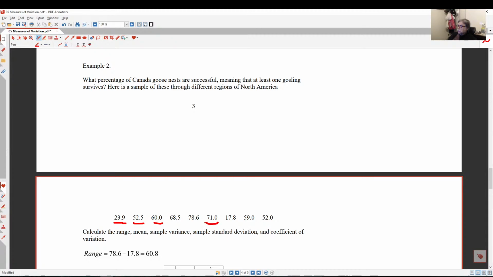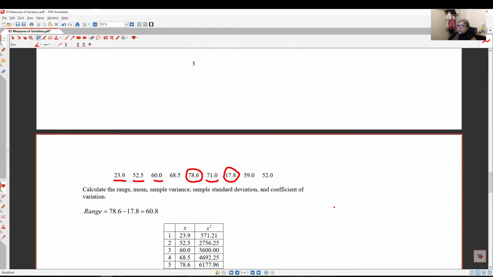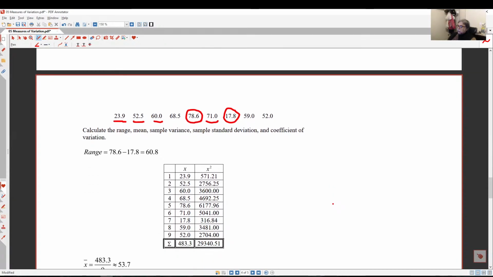The best success was one region when they have 78.6% success, and the worst one is this one when they have only 17.8% success. So just looking at those numbers, it would tell you immediately there's a big variation here, and we will discover that by calculating parameters, so statistics of deviation.